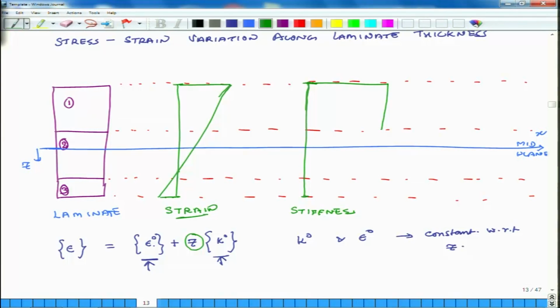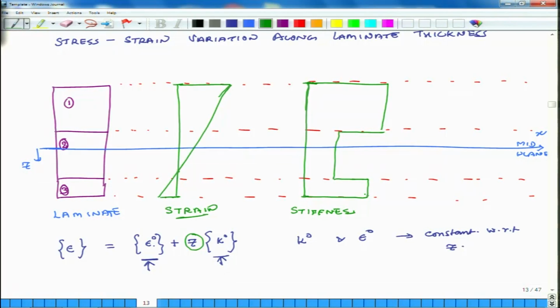It is the same material, so its stiffness is not changing. But the moment I move from layer number 1 to layer number 2, there is a different material. So, the value will change, and again it will remain constant across the second layer, and then again as I move from layer number 2 to layer number 3, it may again change.